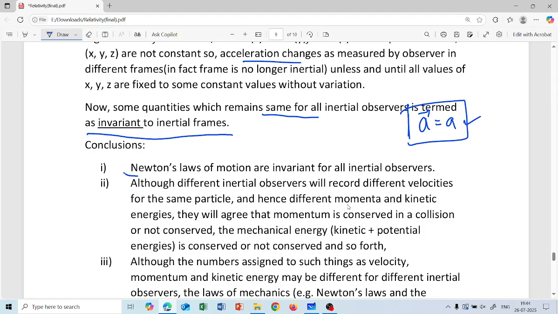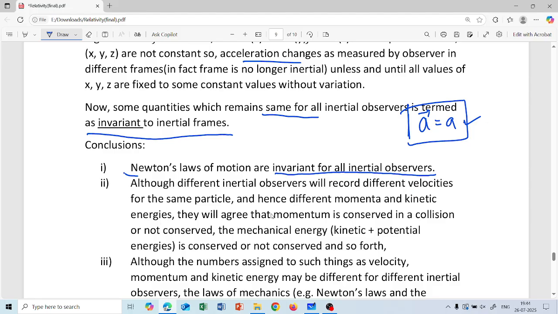So one such quantity is acceleration. So I can conclude that Newton's laws of motion are invariant for all inertial observers. This is one important point.